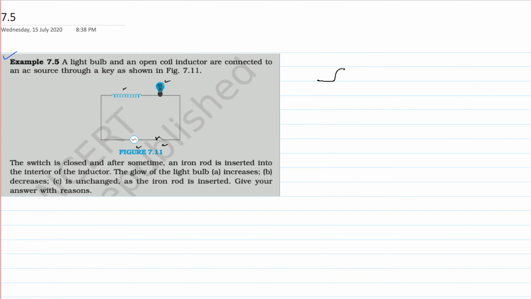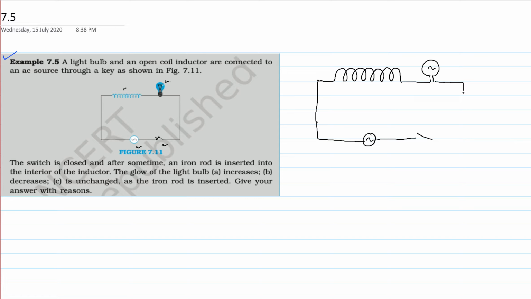This is your diagram: this is an inductor, and this is the bulb, and this is the alternating voltage.